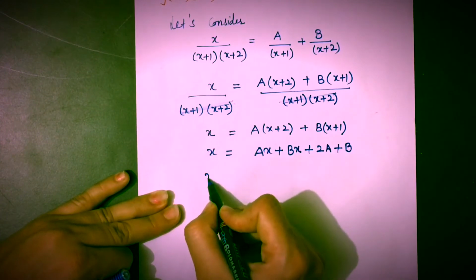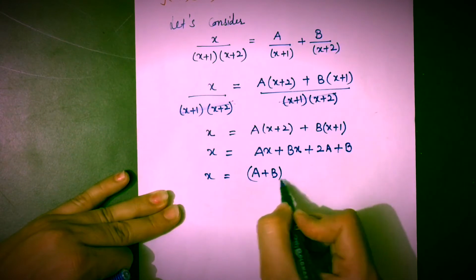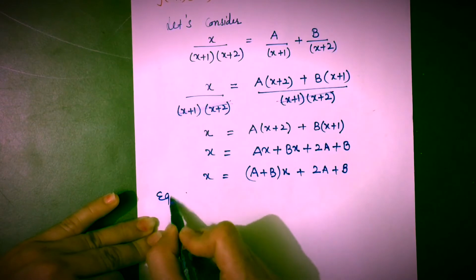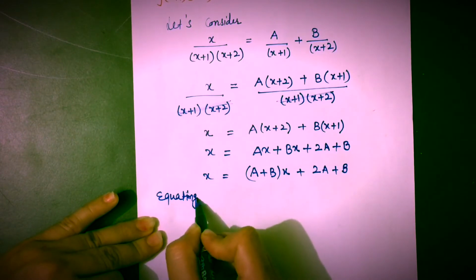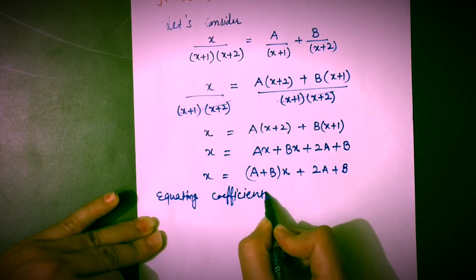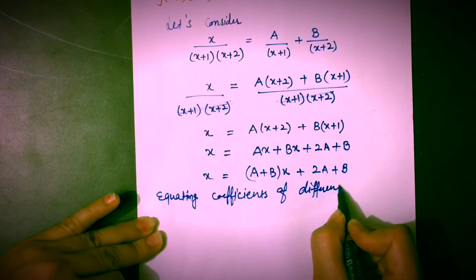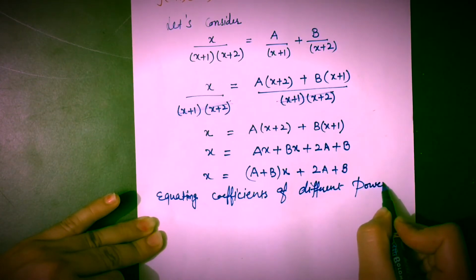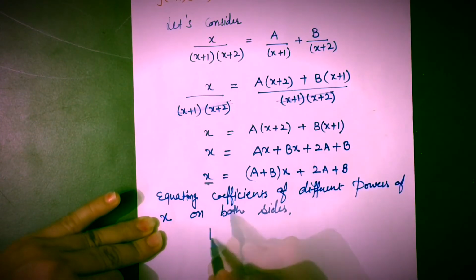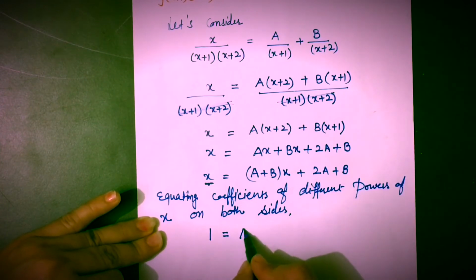That coefficients of x and the constant term. So here what we do, equating coefficients of different powers of x on both sides: 1, and on the right side x has coefficient a plus b.